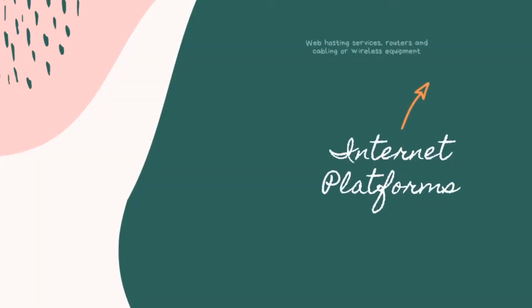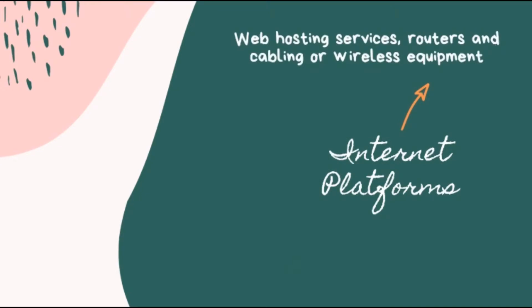So now, let's look at number 6, internet platforms. Internet platforms include hardware, software, and management services to support a firm's website, such as web hosting services, routers, and cabling or wireless equipment.